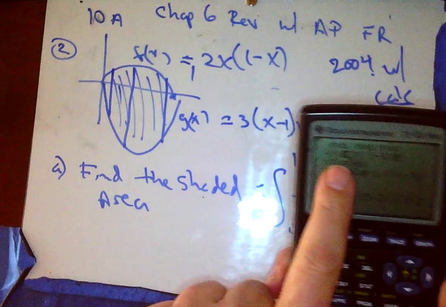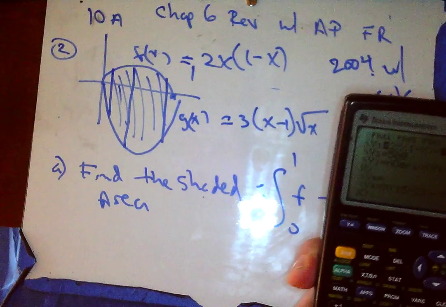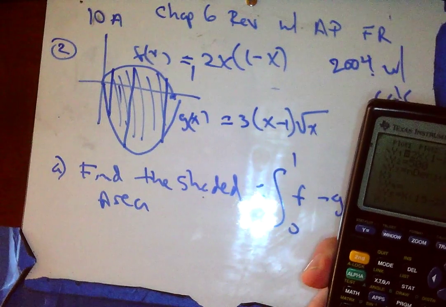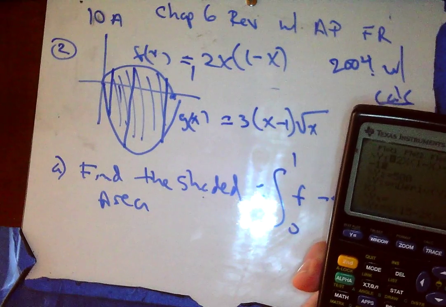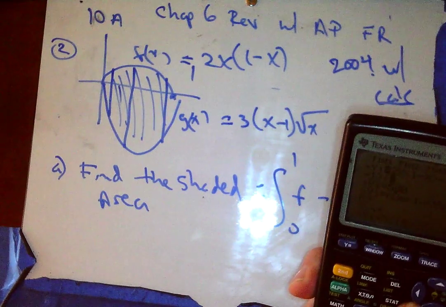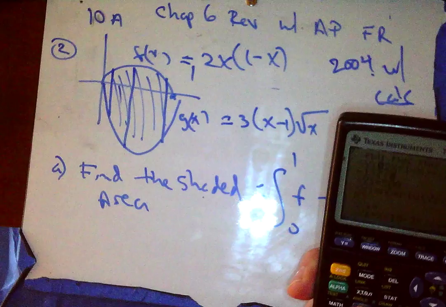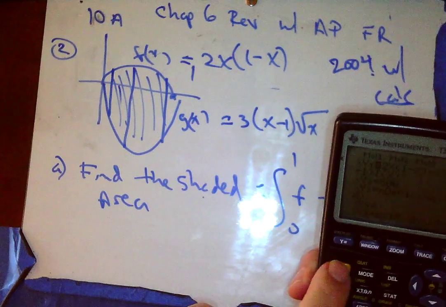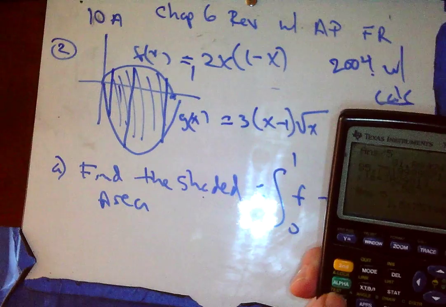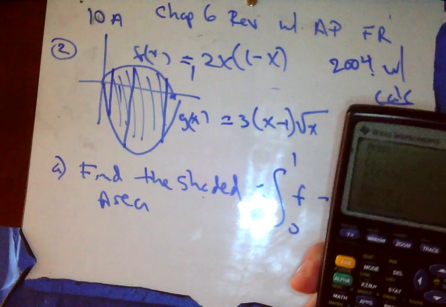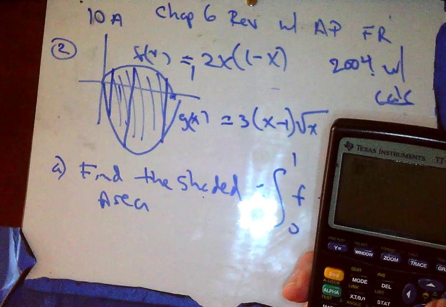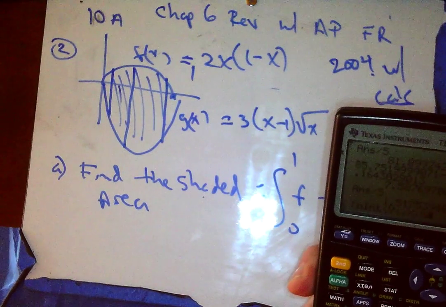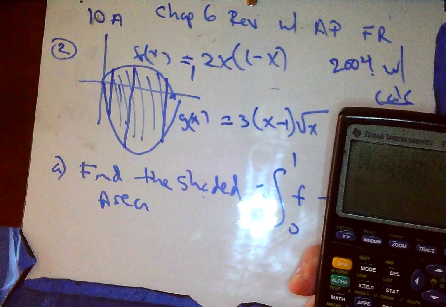So there's f, and I'm going to subtract from that g, which is 3 times x minus 1 times square root of x. Close that parenthesis. Okay, and what do we want? We want to integrate that y1 function in terms of x from 0 to 1.